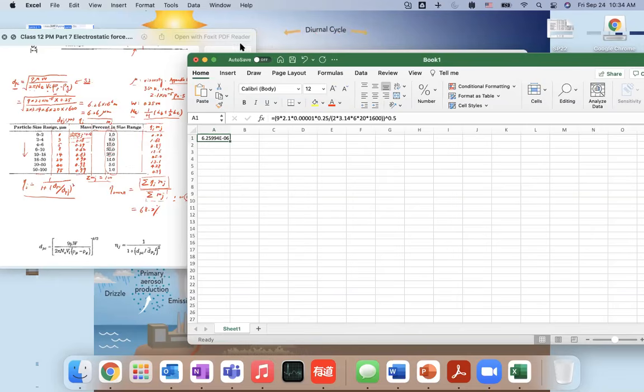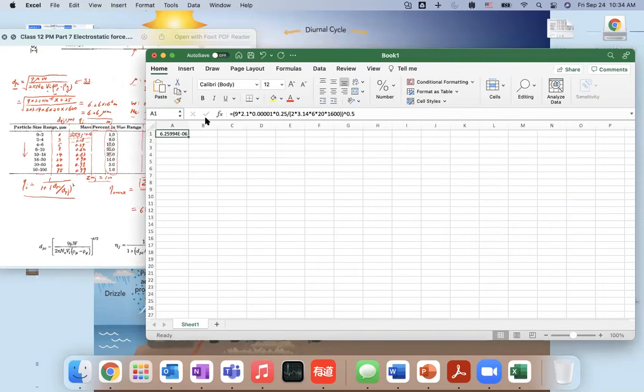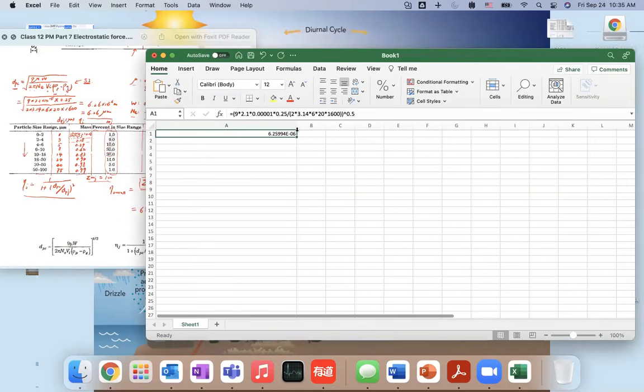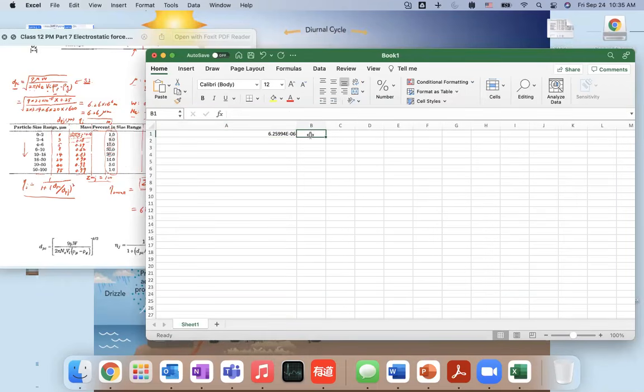I think you should be able to see my screen here. So I just put in the equation into an Excel spreadsheet. You can see that the diameter that I eventually get is 6.25 multiplied by 10 to the negative 6 meters. All right.